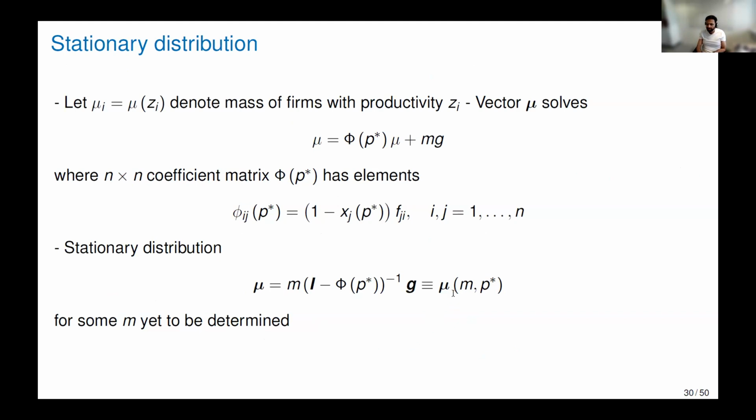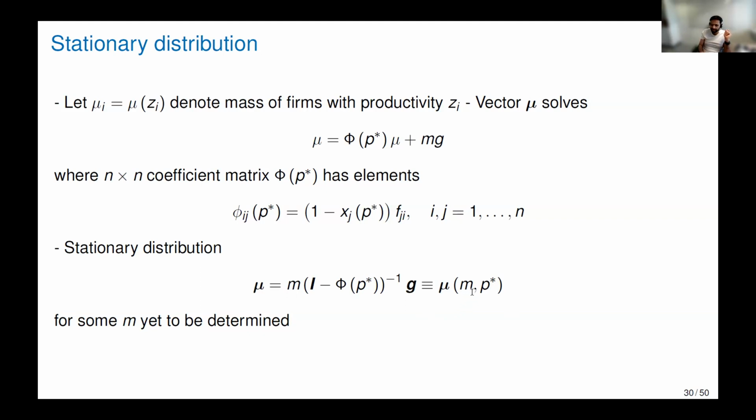The stationary distribution of firms will be a combination of M and P star. So for instance, let's say there is a distribution of firms. There are two types, type Z1 and Z2, which is given by mu. Let's say mu Z1 is 100 and mu Z2 is 100. So there are 100 firms of each type. That's what mu is. Okay.